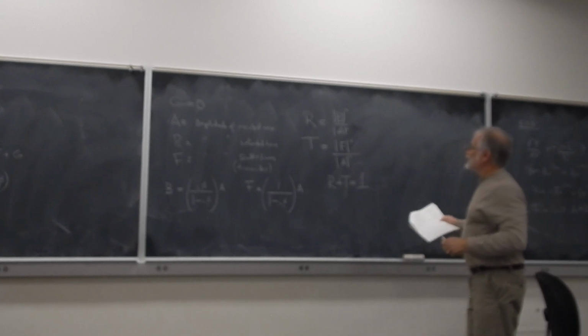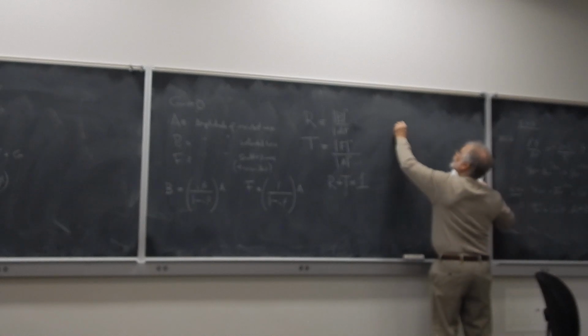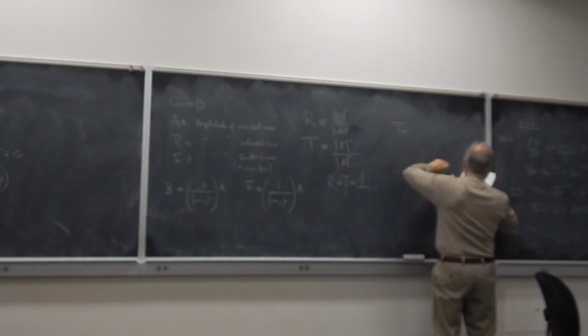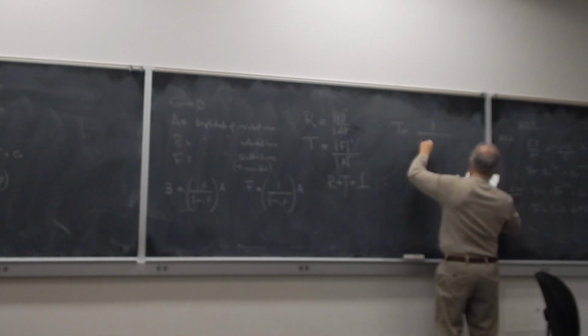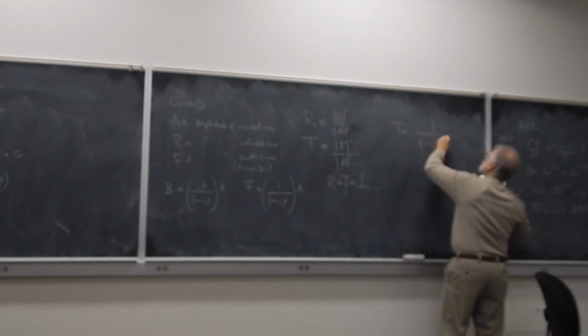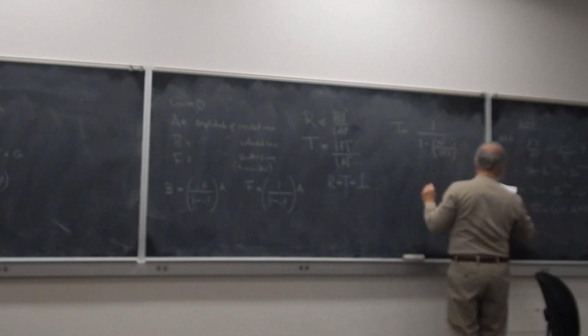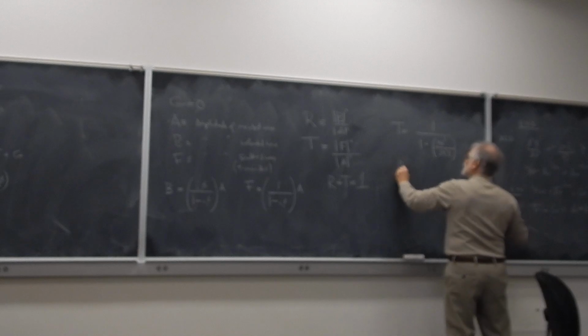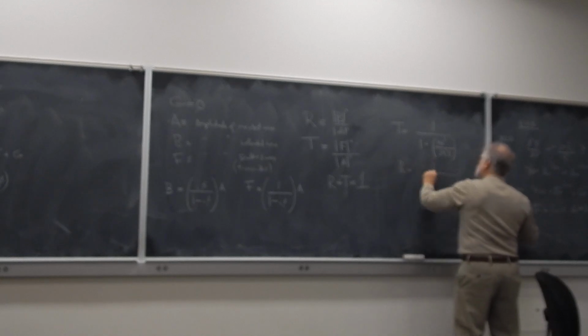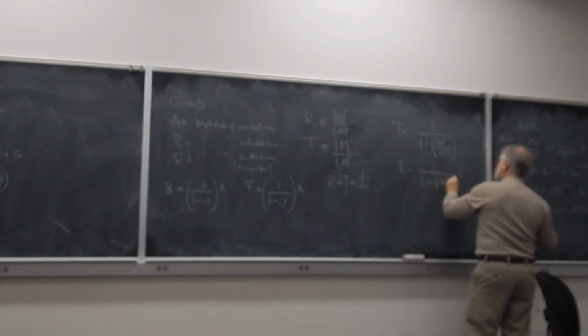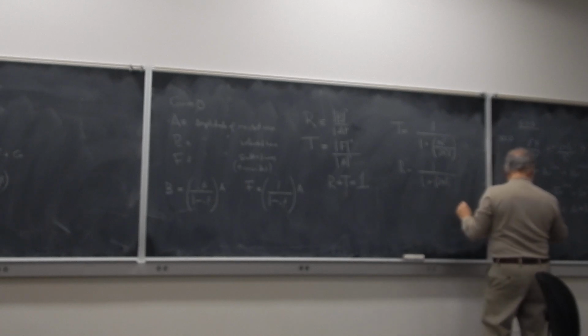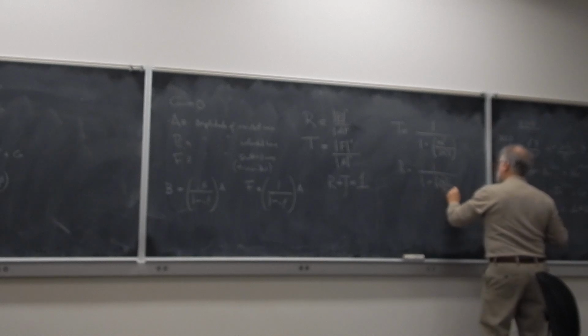If I do this and a bit of algebra, I'll find that my transmission coefficient is going to be 1 over 1 plus m alpha squared divided by 2 h bar squared E. And my reflection coefficient is going to be equal to 1 divided by 1 plus the quantity 2 h bar squared E divided by m alpha squared.